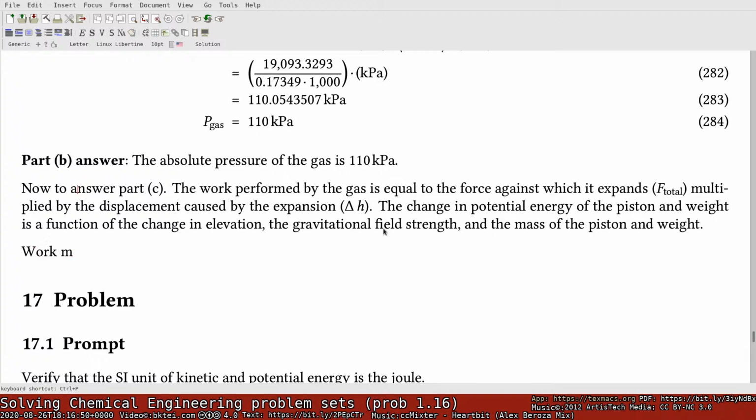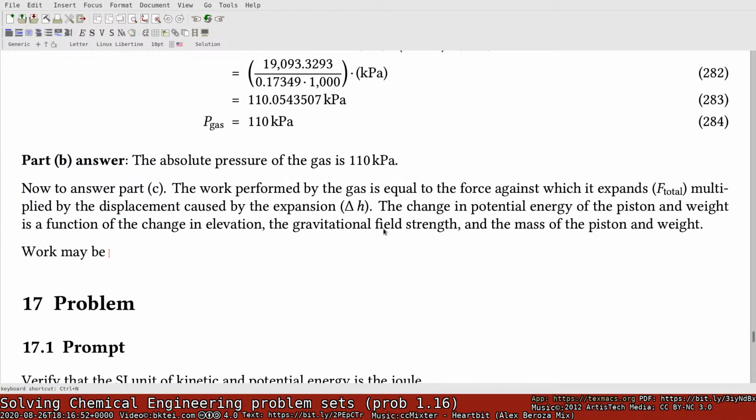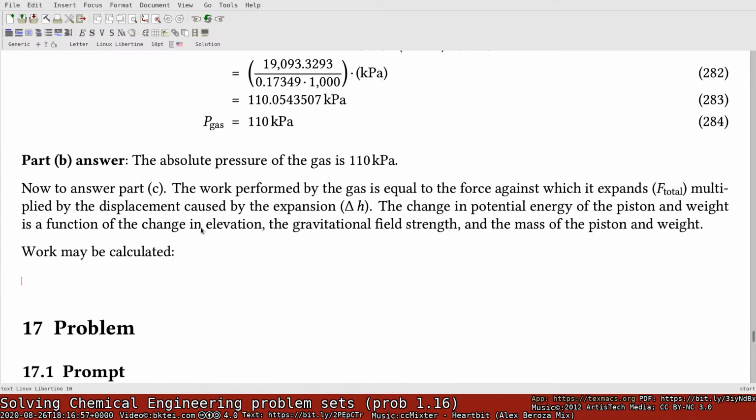Work may be calculated like so, and we'll put in a list of equations.